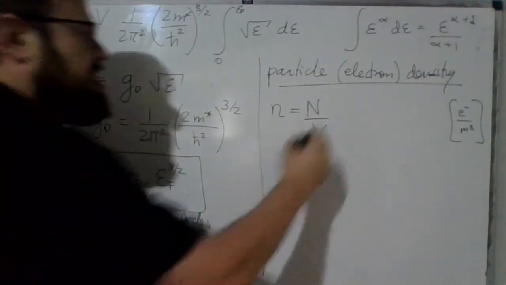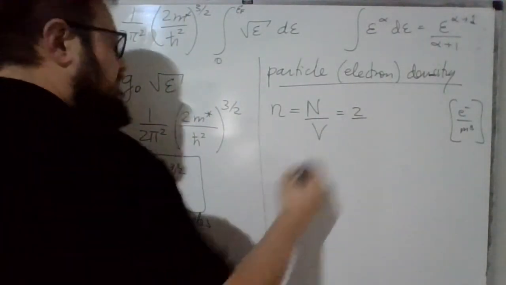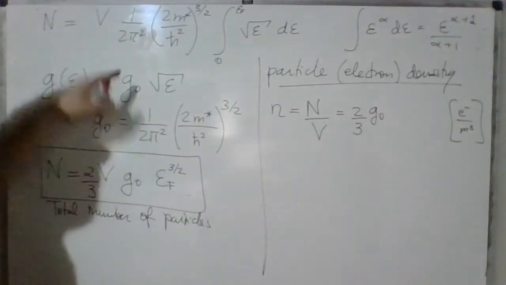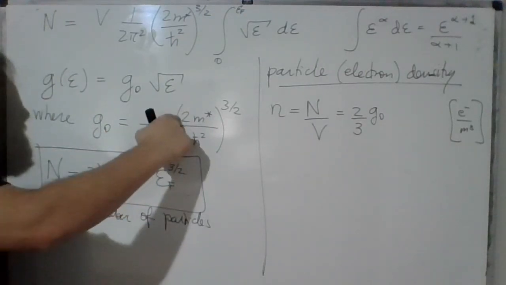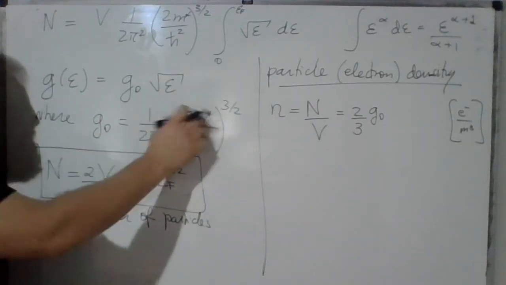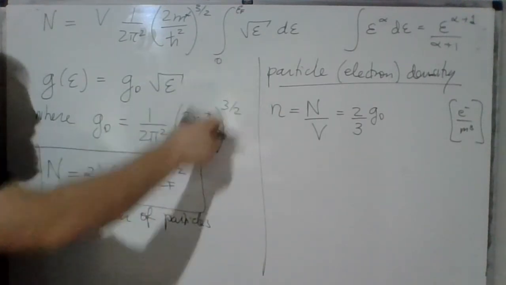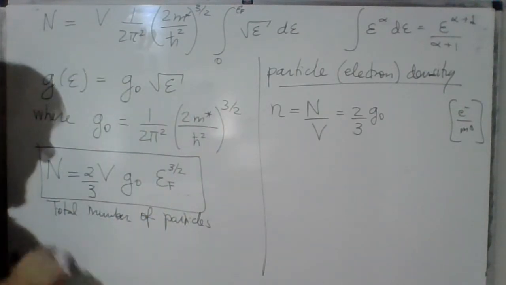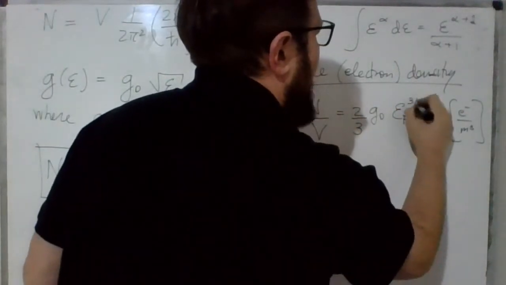And this produces the following result: 2/3 G0, which is this constant, 1/2 pi squared, and the 3/2 of 2 times the mass, the effective mass, divided by h bar squared, times the Fermi level to the 3/2.